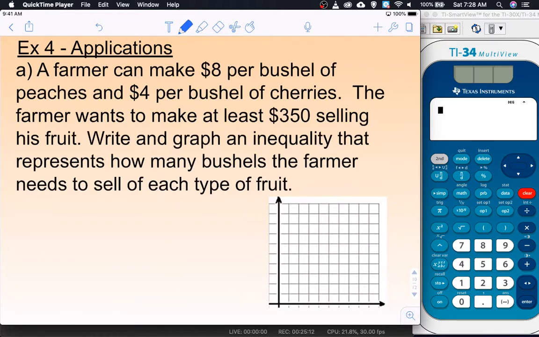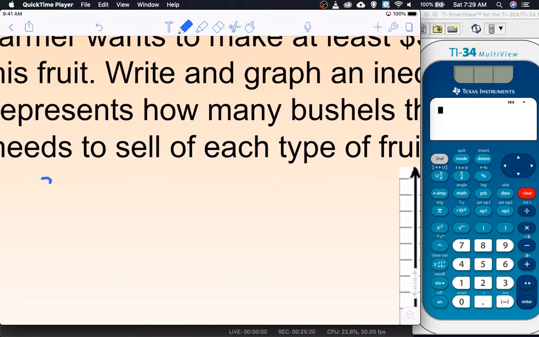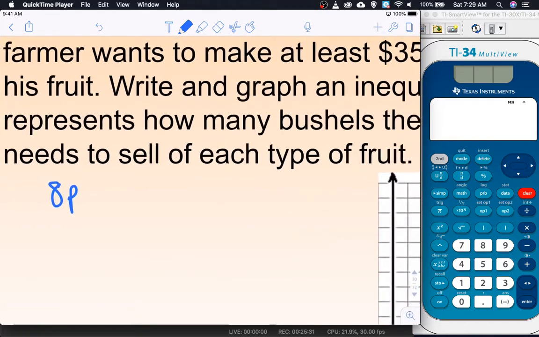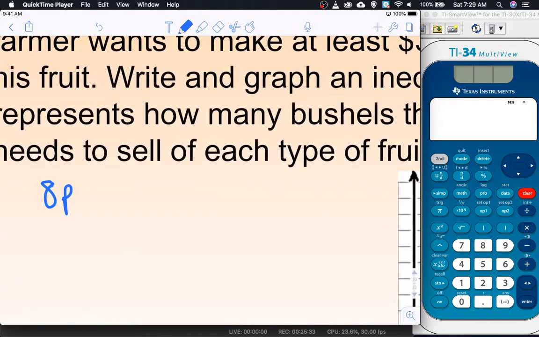Okay, so I like to do the verbal model first. So I'm thinking about this. He makes $8 per bushel of peaches, so 8 times each basket of peaches. And he also makes $4 per bushel of cherries.